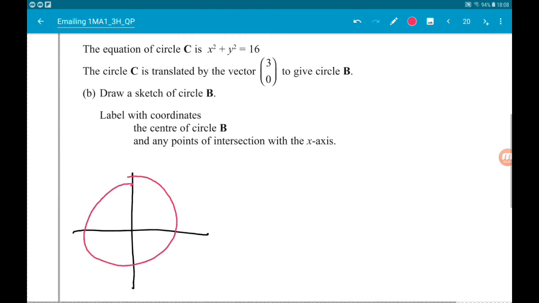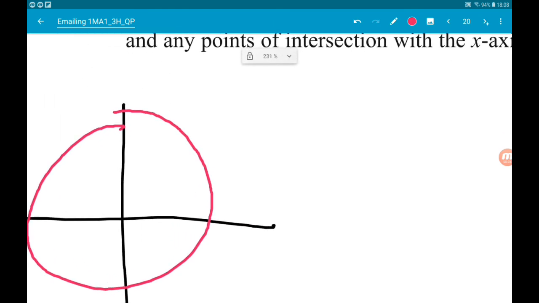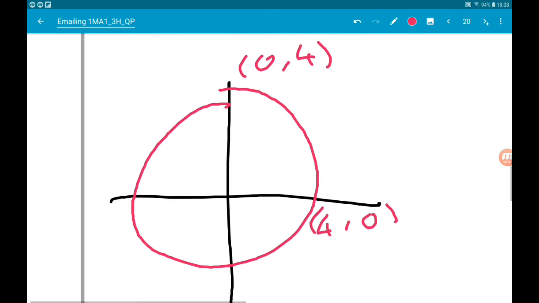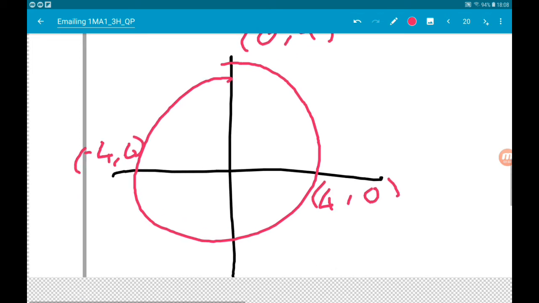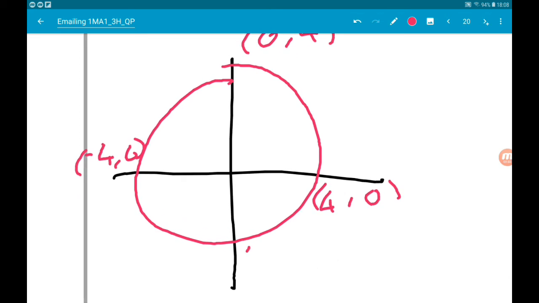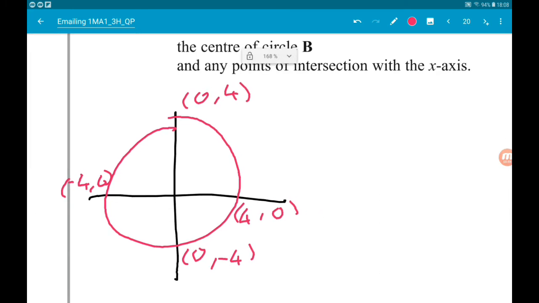So there's circle C, so this would be 4, 0, this would be 0, 4, this would be minus 4, 0, and this would be 0, minus 4. So this is circle C.